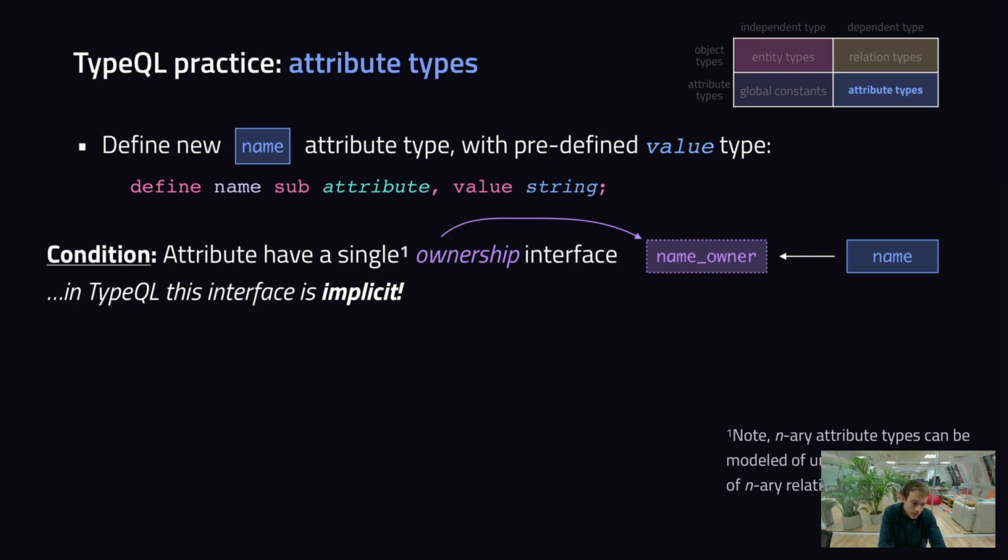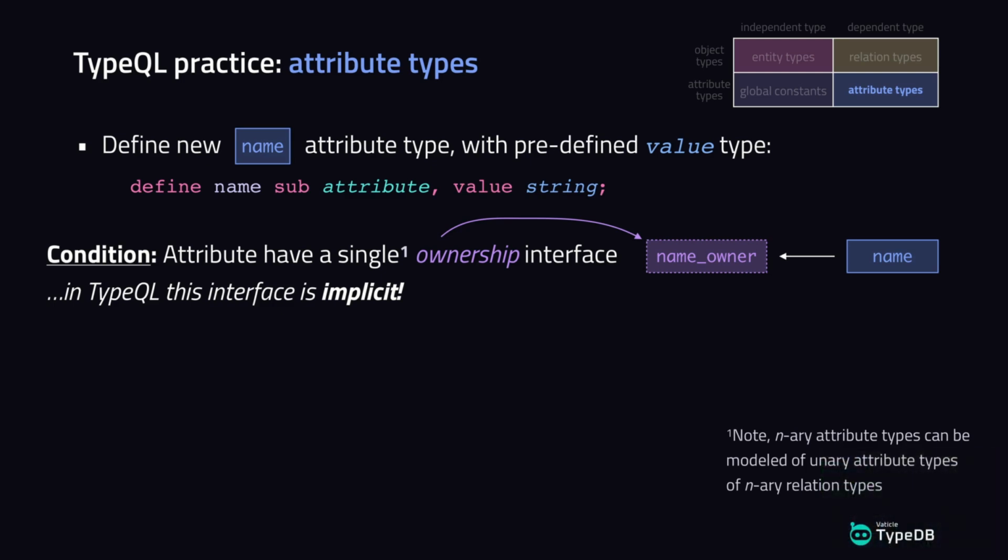So what that define query does is it not only creates the type name, it also implicitly creates an interface for it. And the reason for having this implicit interface is one more condition here in the case of attributes, which is that attributes have a single interface. We also speak of the ownership of an attribute, analogous to speaking of roles in the case of relations.